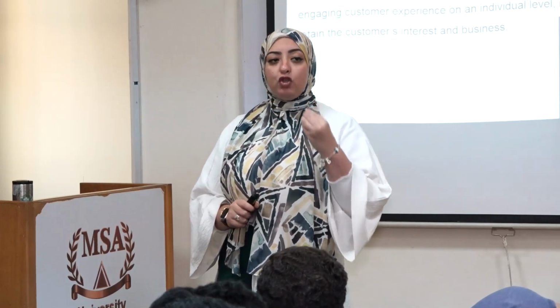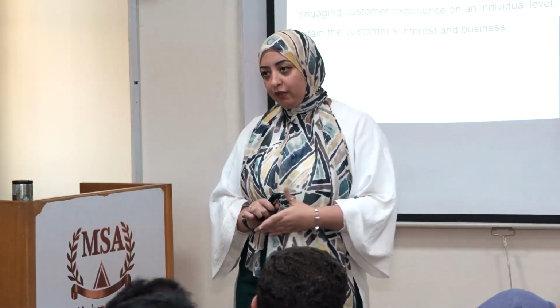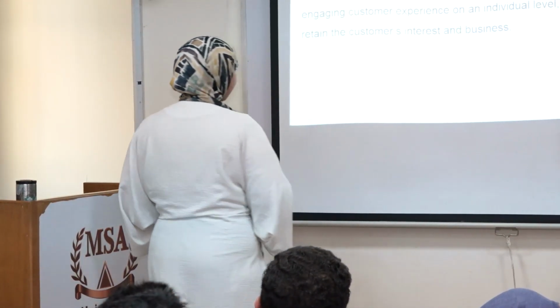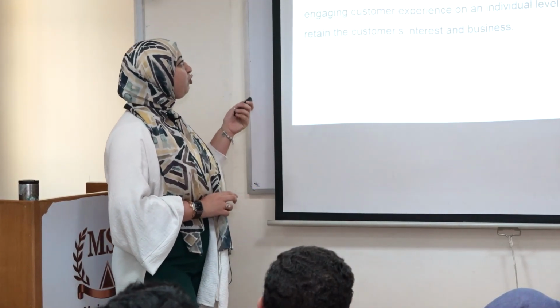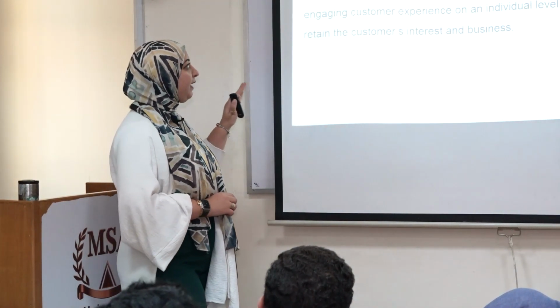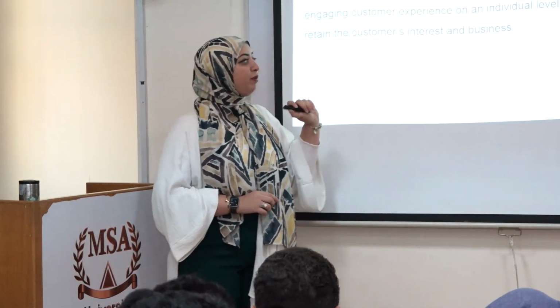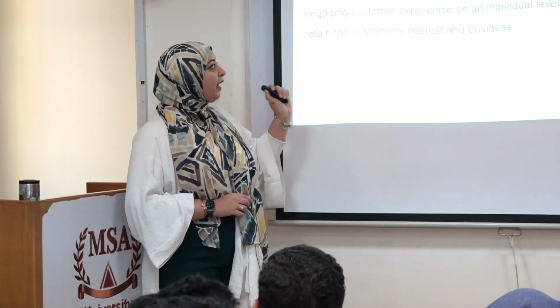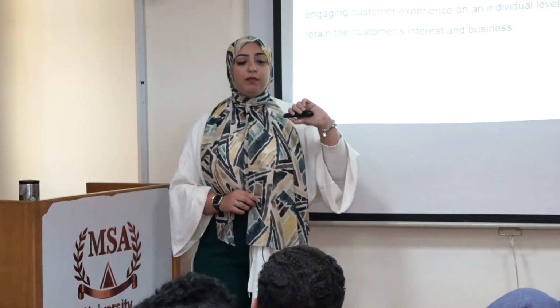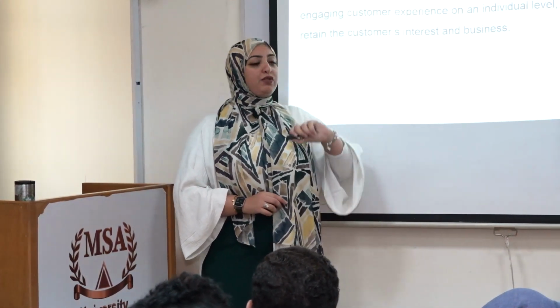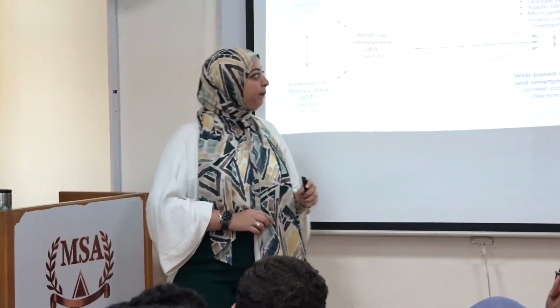It can give you much more insight than you can ever think of, okay? So the use of artificial intelligence in global marketing is mainly to create a more engaging customer experience on an individual basis, and to attract, engage, and retain customers in terms of their interest in the business, okay?